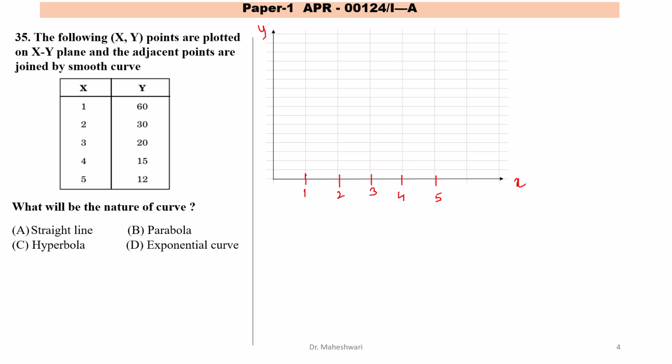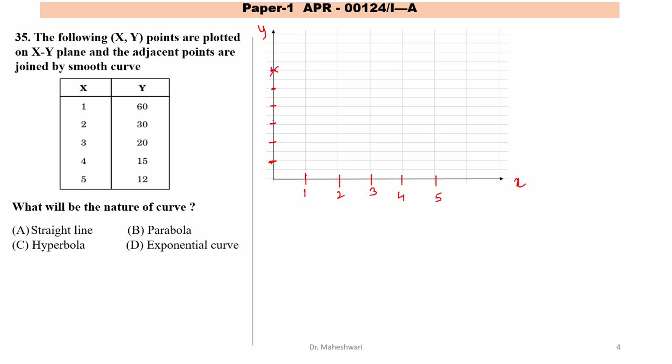Let us first make some demarcations on the graph, like some points. I am leaving two lines. You can distribute equally even though you don't have lines on the rough page where you will be doing your rough work. Take equal markings and just take 5 points: 1, 2, 3, 4 and 5.